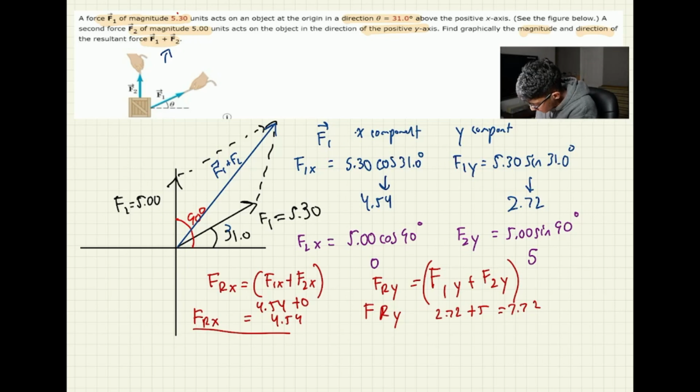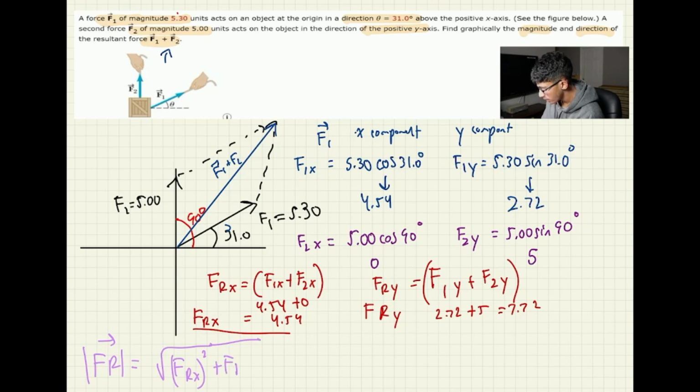I'm going to use a different color, let's use pink. So F(r) is equal to F(r)x squared plus F(r)y squared.